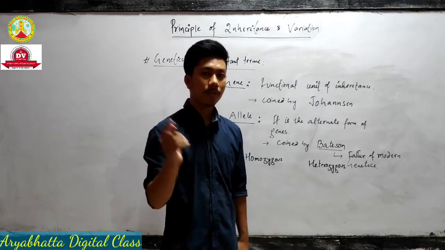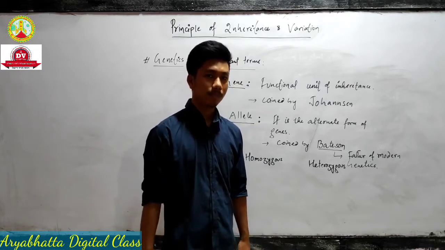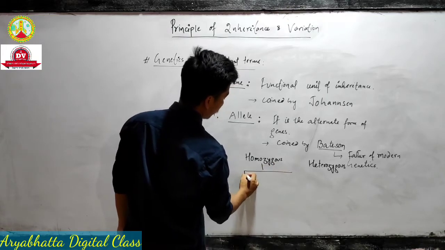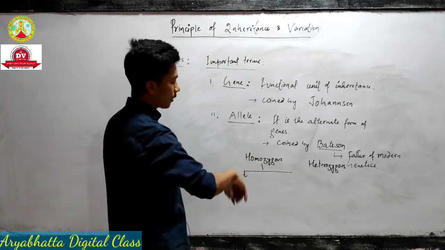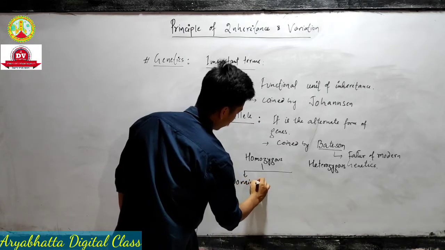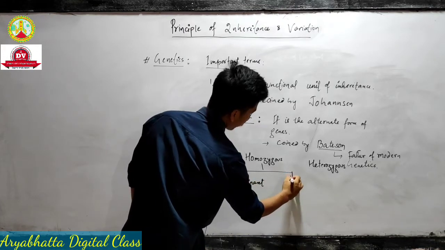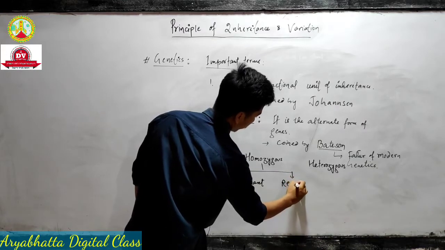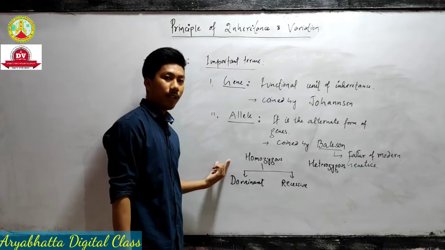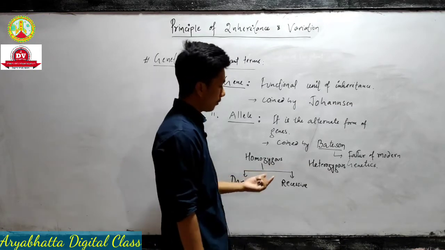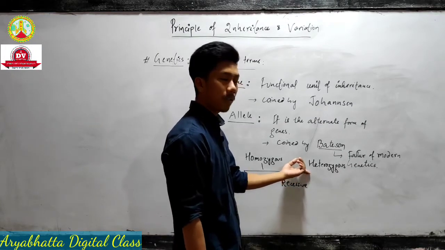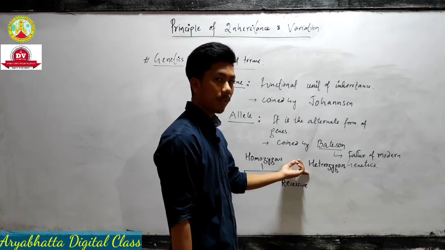Heterozygous means the alleles of different characters. Homozygous can be dominant homozygous or recessive homozygous. What is a homozygous allele again? The alleles of the same character, whether dominant or recessive. And heterozygous is the alleles of different characters.